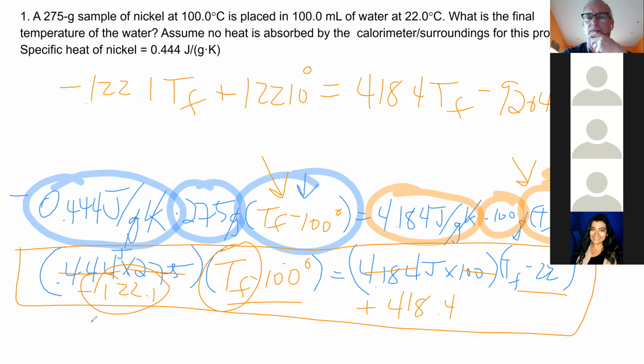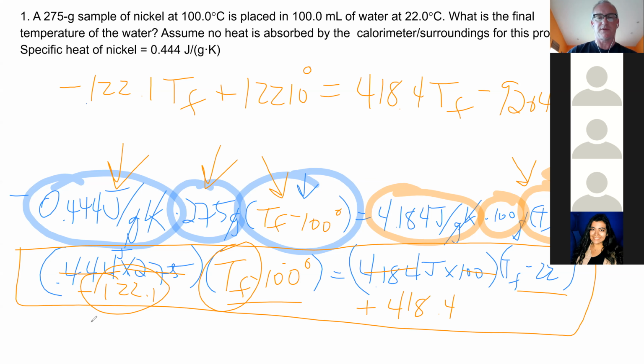Professor, how do you get 12,210 temperature? So down at the bottom, I've multiplied the specific heat of nickel times the mass of the nickel. That gives us minus 122.1.